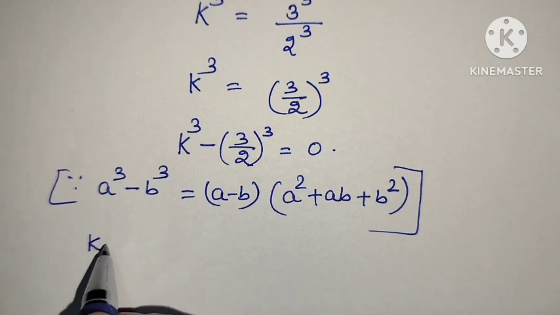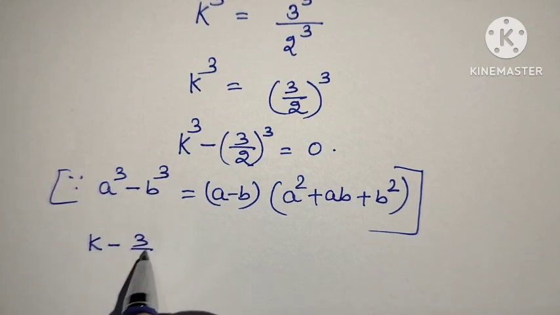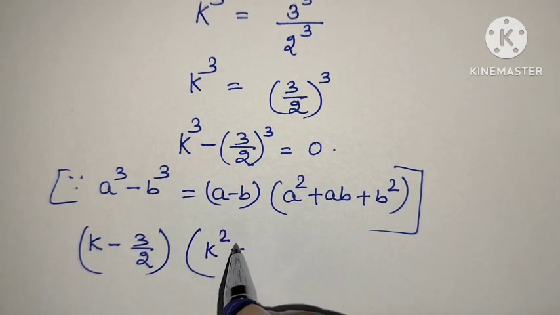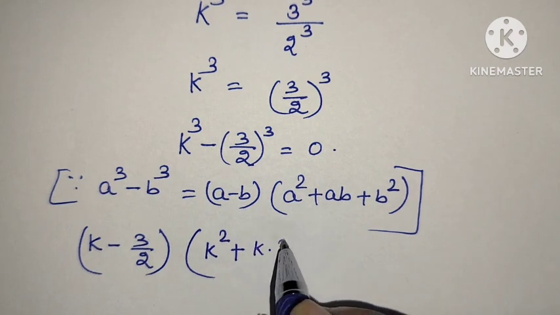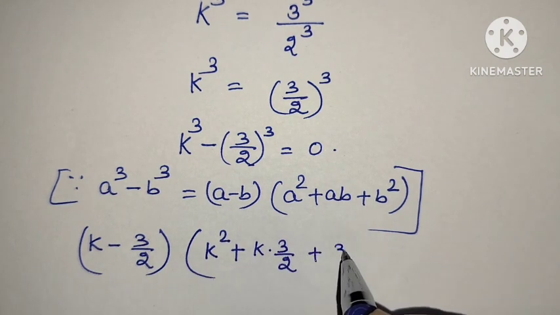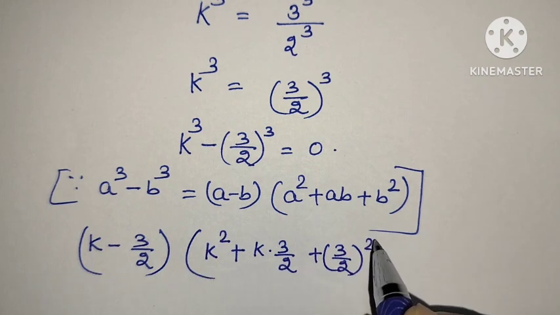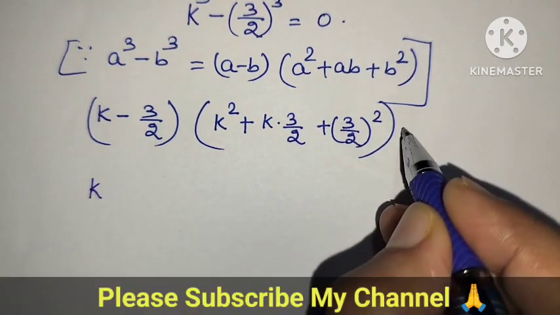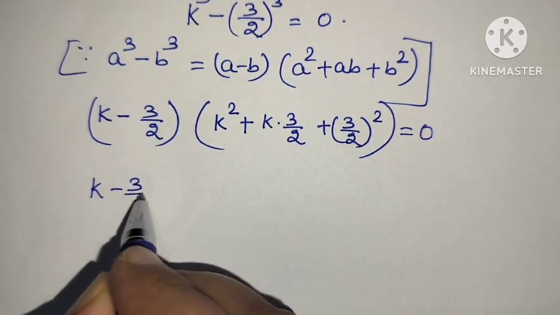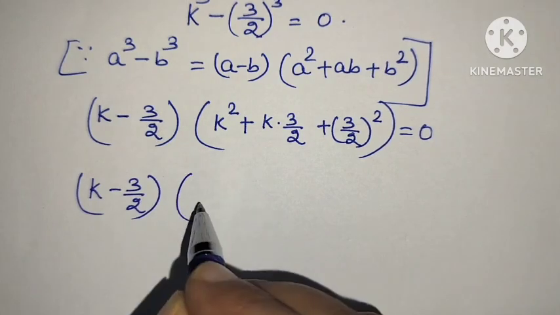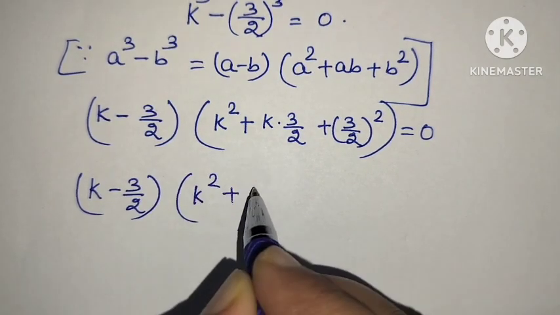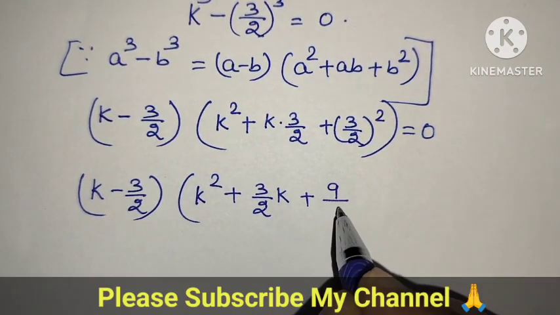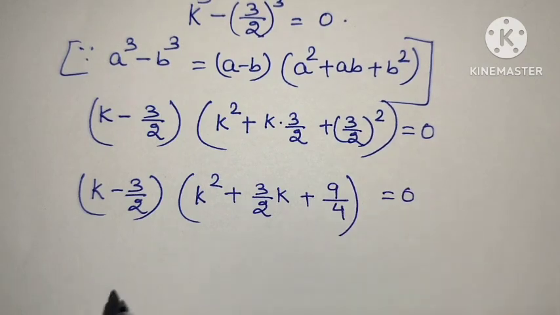It is (k minus 3 by 2) into (k square plus k into 3 by 2 plus (3 by 2) square) is equal to 0. Then k minus 3 by 2 into (k square plus 3 by 2 k plus 9 by 4) is equal to 0.